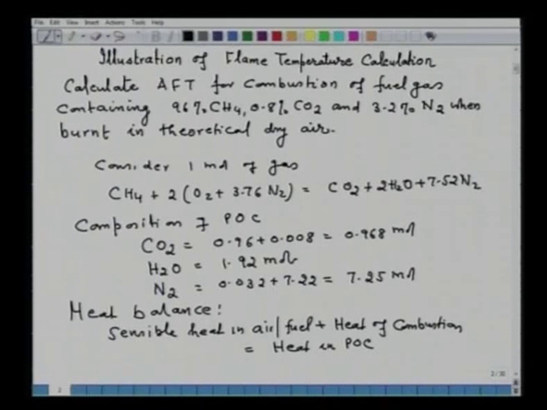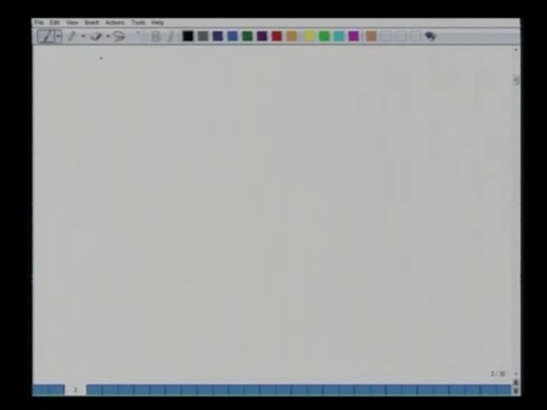So, now we have to do this heat balance. Now, as you note, the air and fuel gas are supplied at 25 degrees Celsius, and mind you, the reference temperature for our calculation is 25 degrees Celsius. So, therefore, the sensible heat supplied by air and fuel is 0 in the present problem.